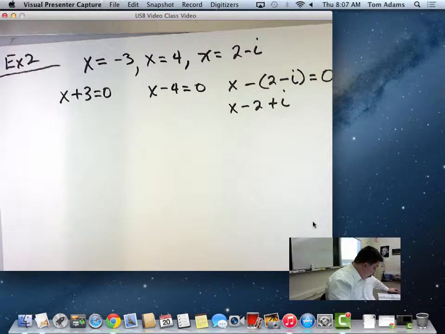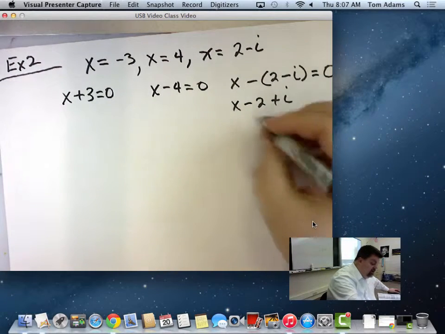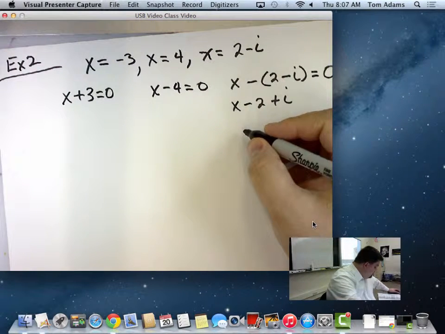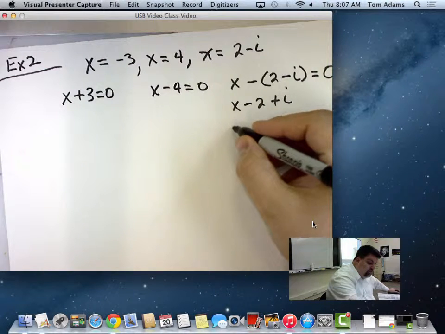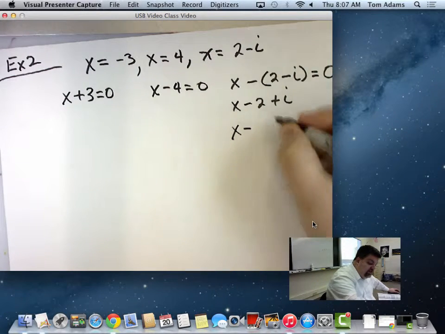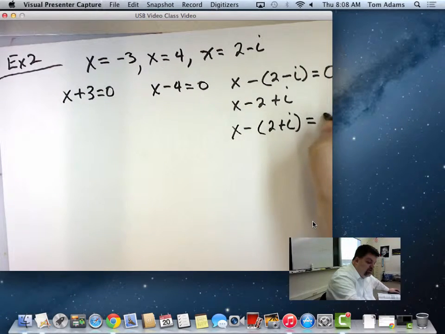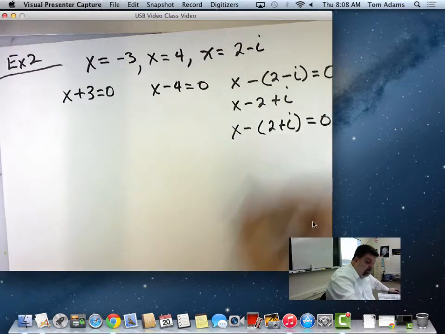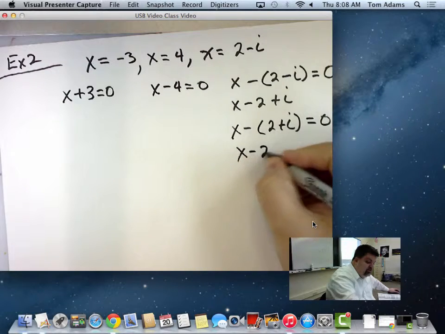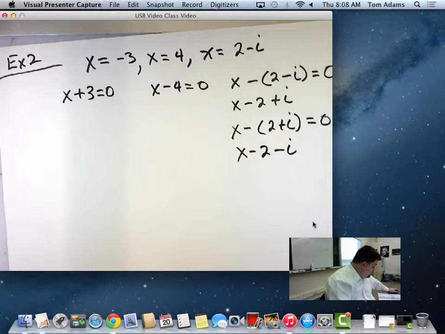Okay? Now what I need to do is I need to do the conjugate of that. So I have to be careful. In other words, what I need to remember is that this 2 plus i is also a factor. And now when I push that through, I get -2 minus i. Okay?